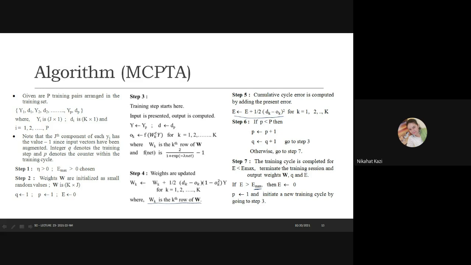So what we have done is from a single neuron network, now we have created a layered neuron network, but it's still a single layer of neurons. Now this concept, we are going to extend it further where we have more than one layer of neurons.